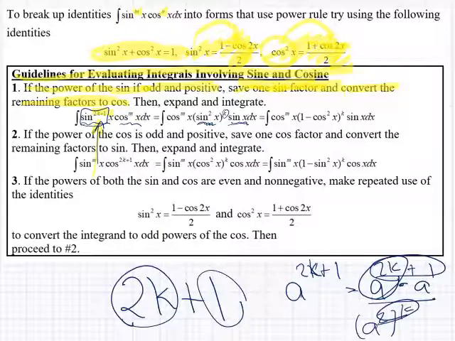Now, what am I going to do here? Well, I'm going to say this is going to be my du. Why? Because it's to the first power. What is that the derivative of? Well, sine is the derivative of cosine.